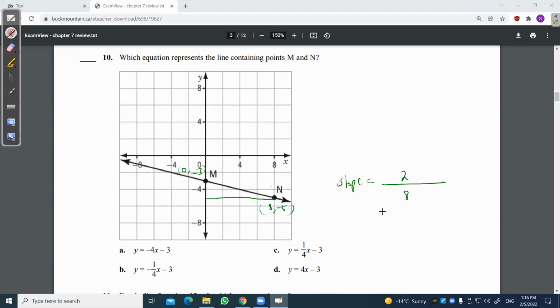Now in this case, will the slope be positive or negative? Negative. Yeah, why is it negative? It's going down. Exactly. So the slope is -1 over 4, and we know the y-intercept is -3, right? So which option is right? It's B. Yes, there we go. That's the answer to this question.